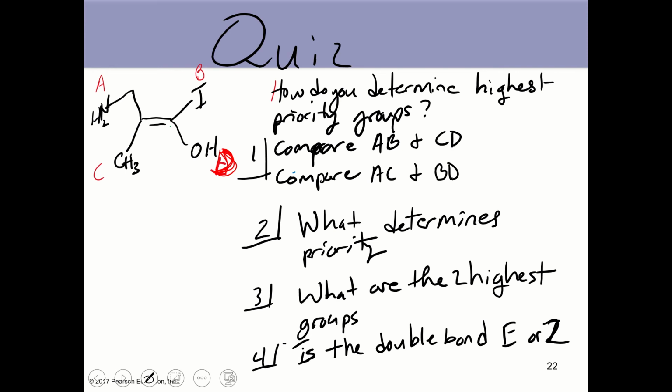Comparing groups on different carbons or comparing the groups on the same carbon? Then you tell me what determines priority. Next, what are the two highest priority groups of the molecule? And then, is the double bond E or Z?